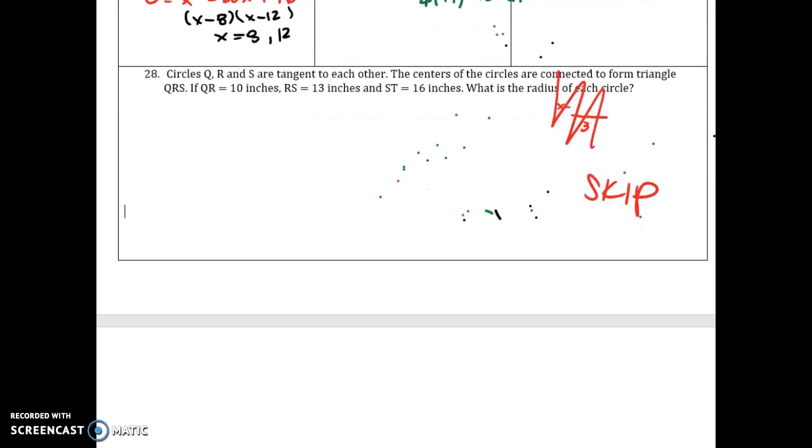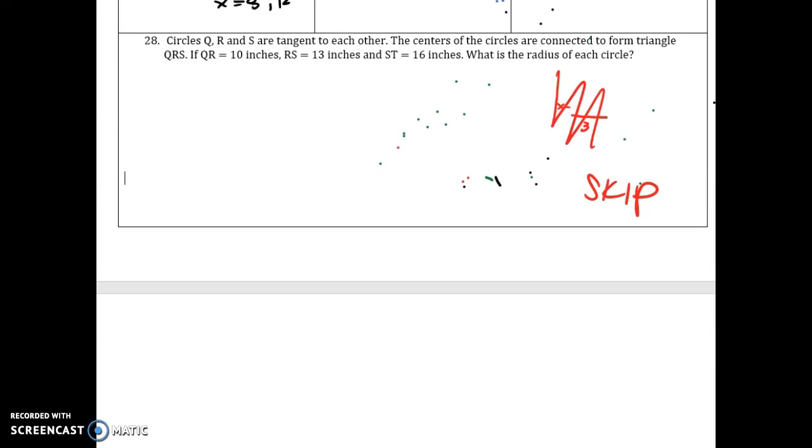And the last one that we are going to do. Circles Q, R, and S are tangent to each other. The centers of the circle are connected to form a triangle QRS.